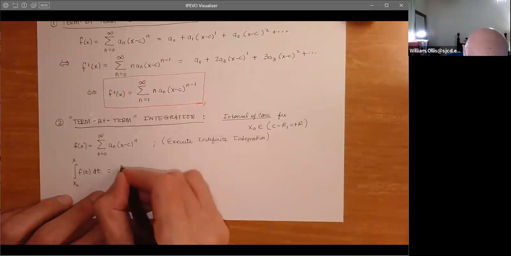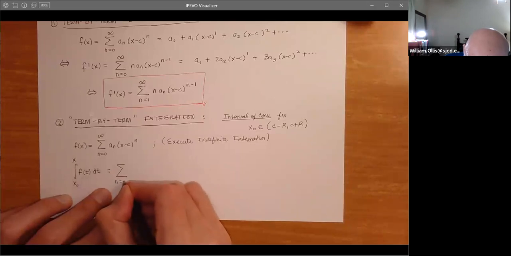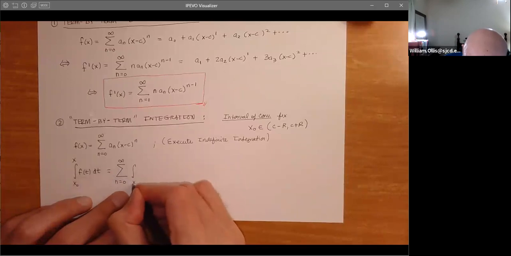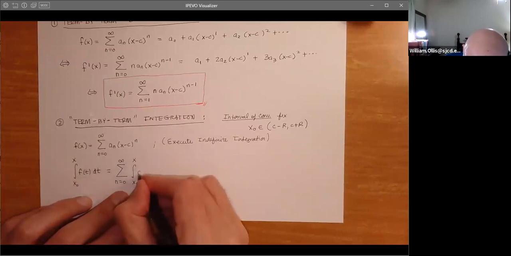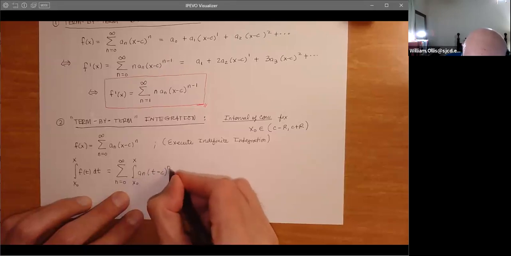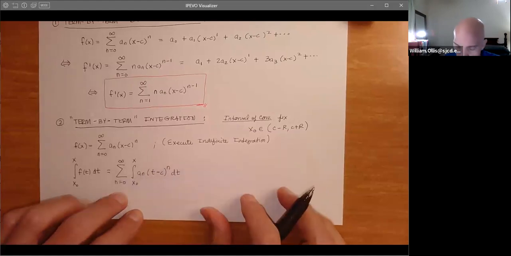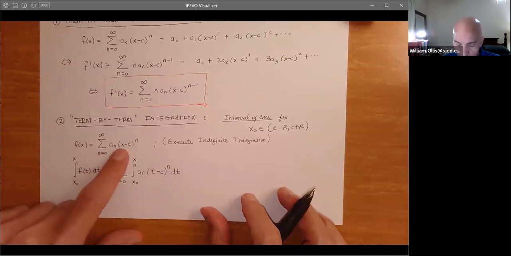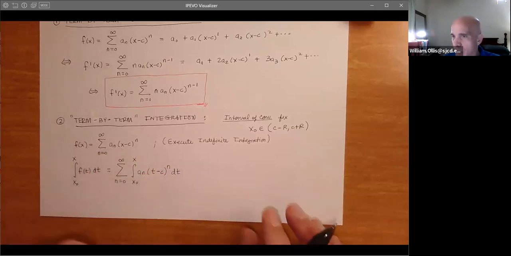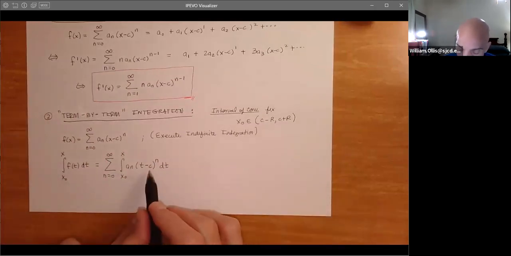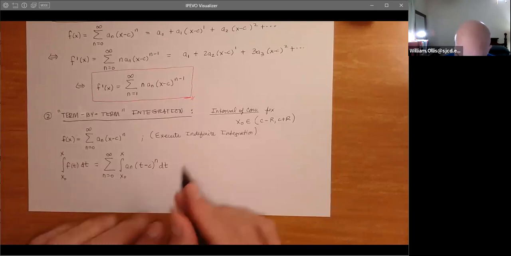So we'll do term by term. We'll switch the integral and the series. So this is n equals 0 to infinity, then we have the integral from x sub 0 to x, a sub n, t minus c to the n dt. This is only to make it clear that since we've got x's in the limits, we just change the variable here to t, because too many x's doesn't really make any sense. So now this is a power rule, add 1, divide by the new power.